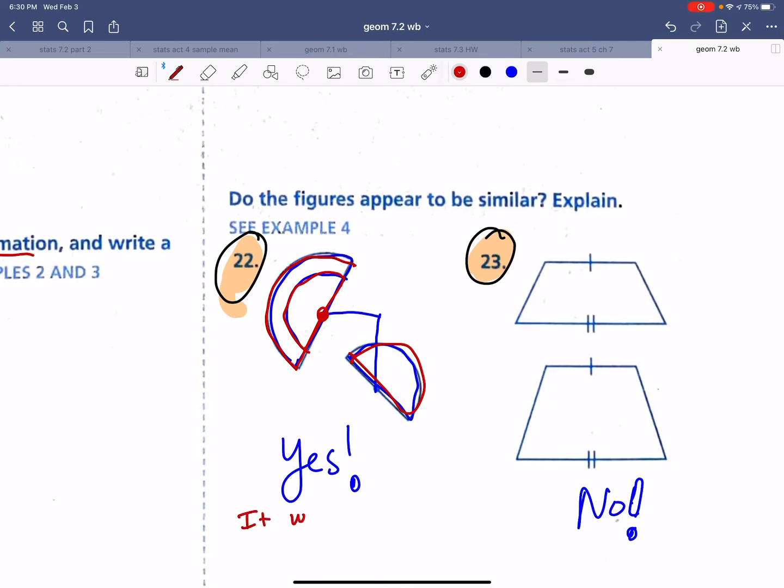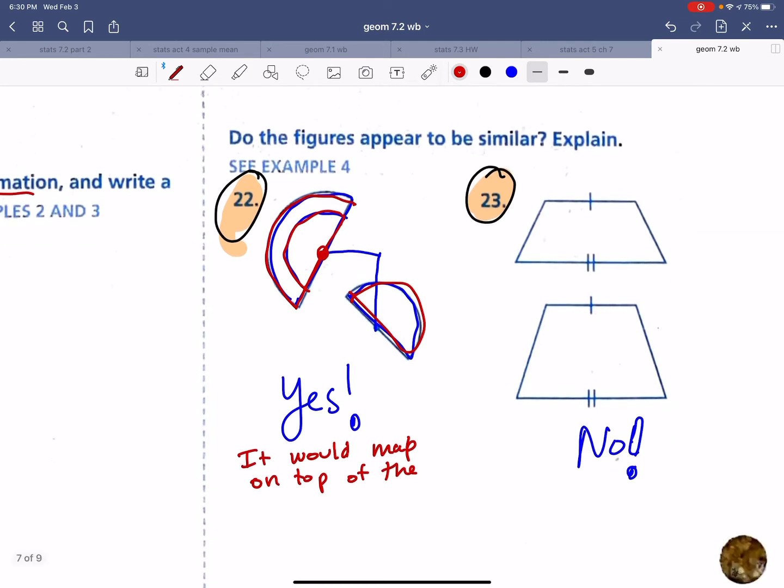So it would map on top of the other figure with a combination of translate and dilate.